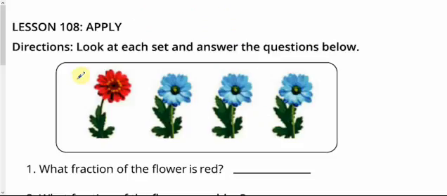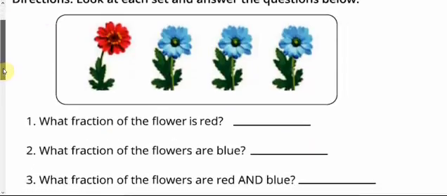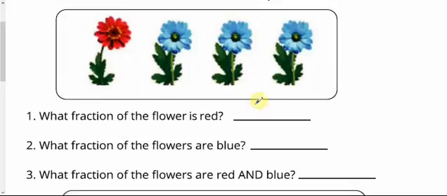In lesson 108, we're going to do the same thing. Okay, it's not a new thing, the same thing. What fraction of the flowers is red? I have 1 red flower out of 4, so the fraction is a quarter or fourth. What fraction of the flowers are blue? The 3 quarters.